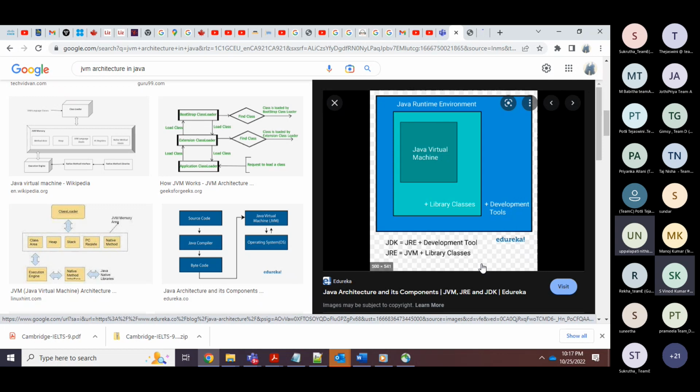Okay. So, for understanding, for example, you have a box. In the box, you have a hammer, a nail, a drilling machine, and some other things.